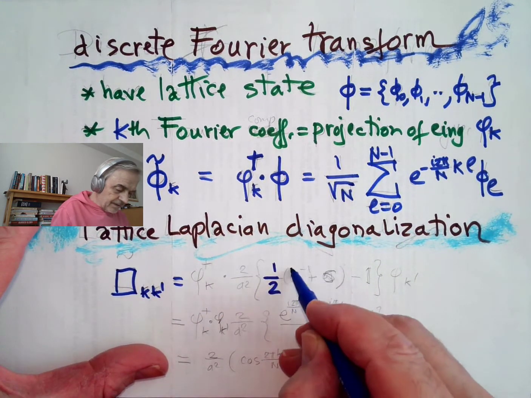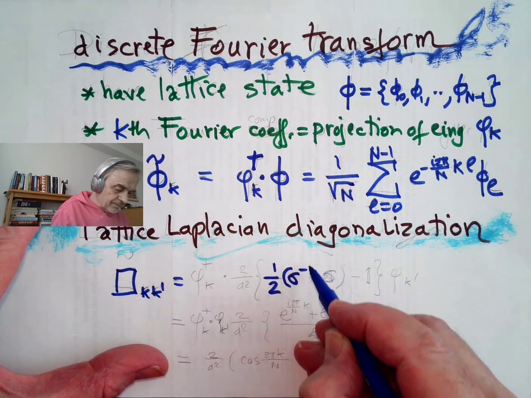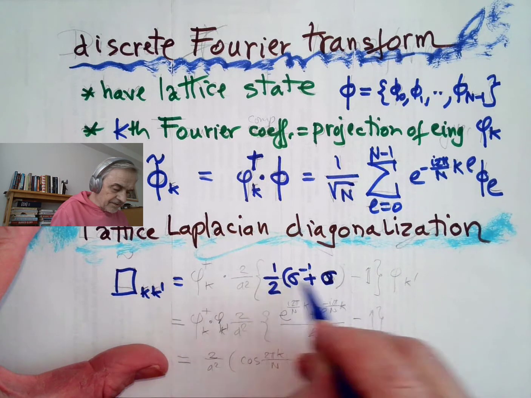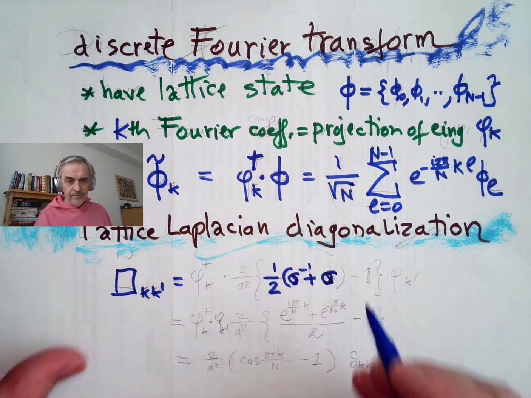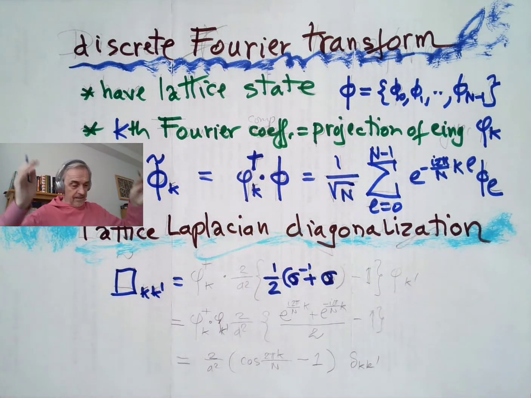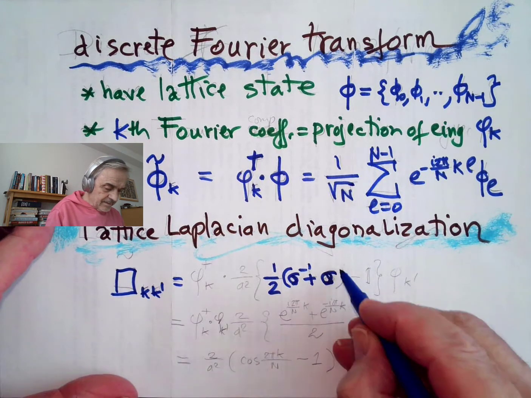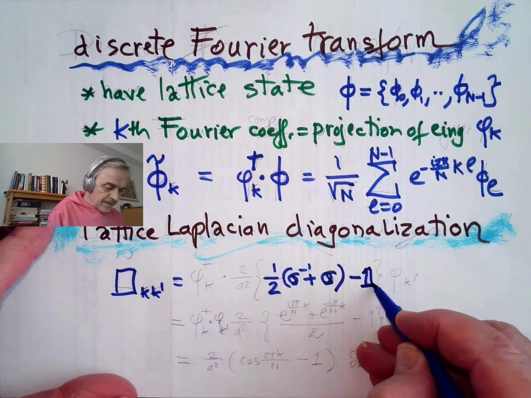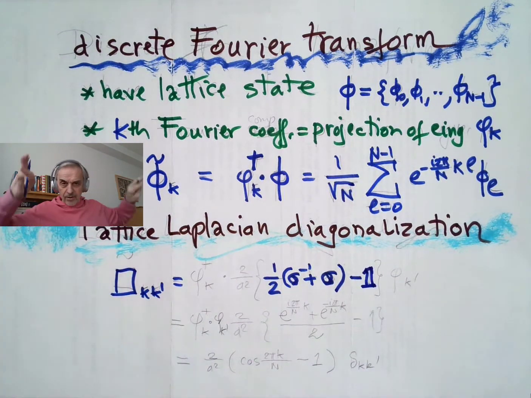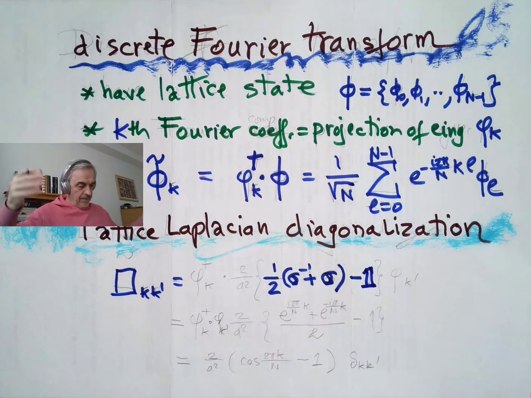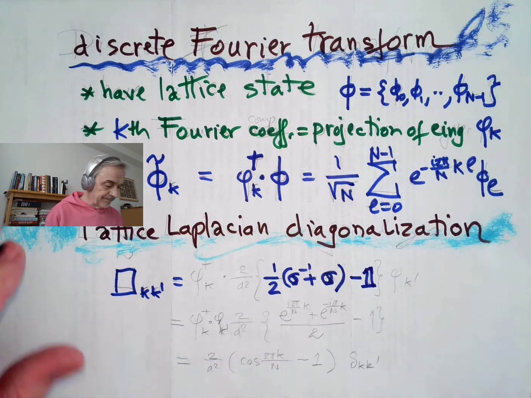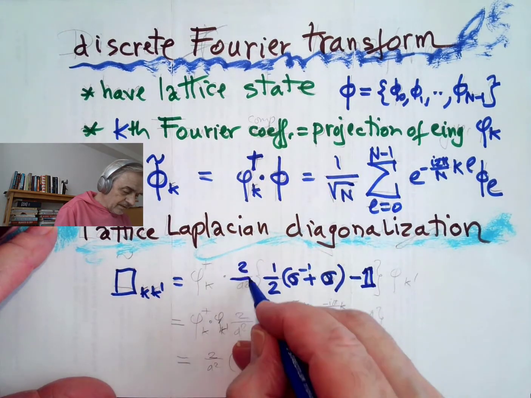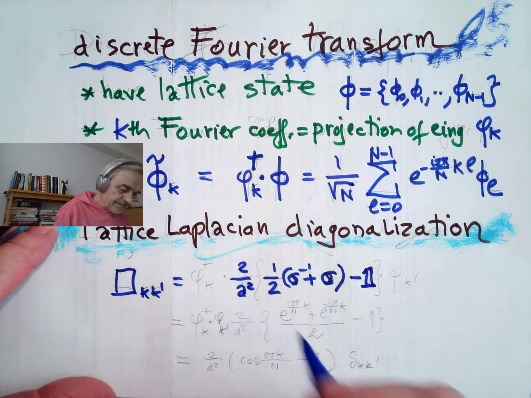It has this average of my neighbors, left and right neighbor. Remember, these are matrices that tell me what the neighboring state, the entire lattice state, is. The n by n matrices, they can be big. Minus me, minus identity. I measure the curvature. Are they above me, below me, or are we all equal and flat? Then there is 2 over the lattice spacing squared here.